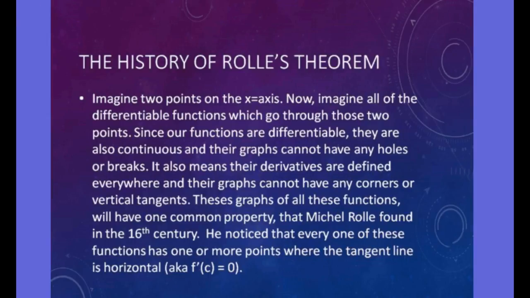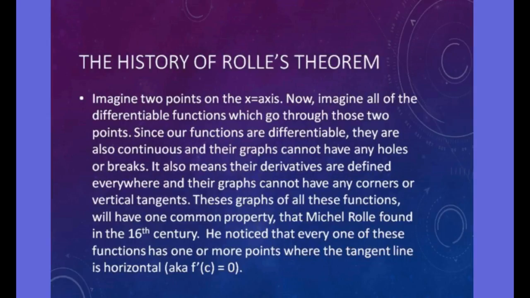So imagine 2 points on the x-axis. And basically, any 2 points, as long as they are at the same height, are going to be able to create a function that is differentiable. So you can draw any sort of lines between them as long as it starts and ends at those 2 points on that x-axis.